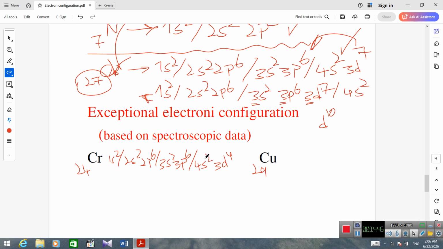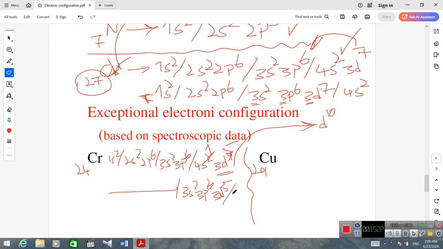we must change the number of electrons. This number must be 1 for 4s, and for 3d must be 5, because d5 is half filled and has more stability, and as a result the electron configuration of chrome must be 3s2, 3p6, 3d5 and 4s1, as you can see.